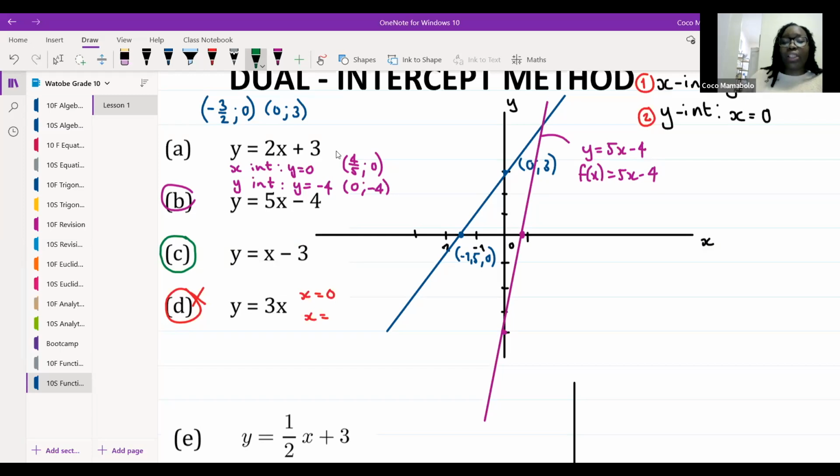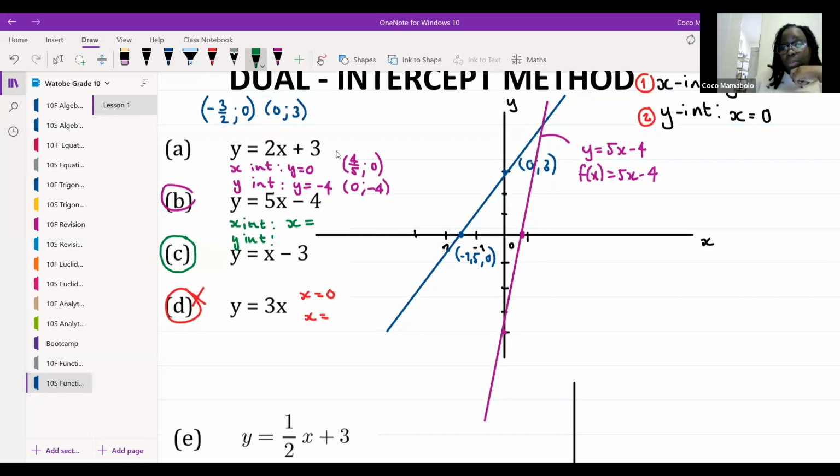All right, let's have a look at C quickly. Who can give me the x-intercept and the y-intercept for C? This one is quite easy, actually. If we make y equal to 0, x will be equal to what? It's not going to be -3, I can tell you guys that.